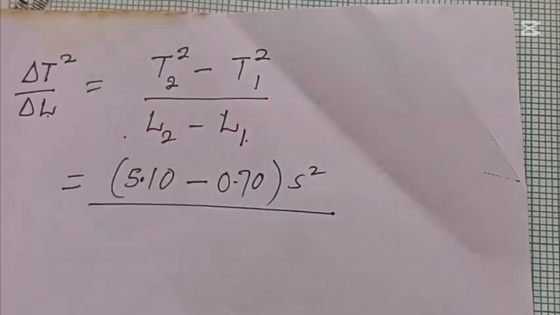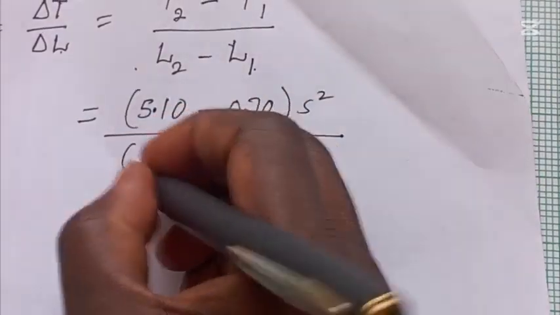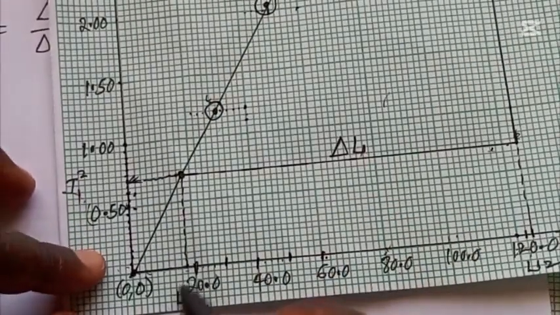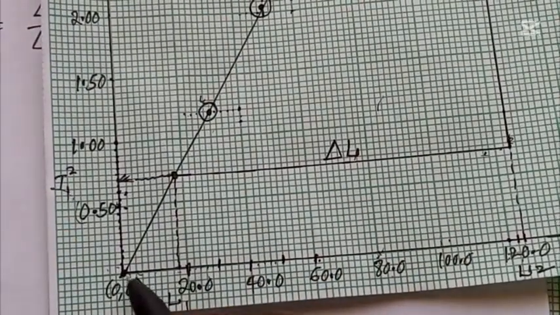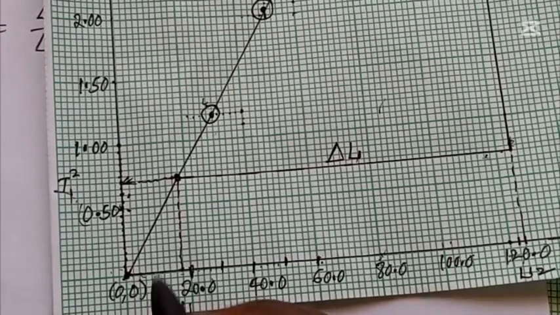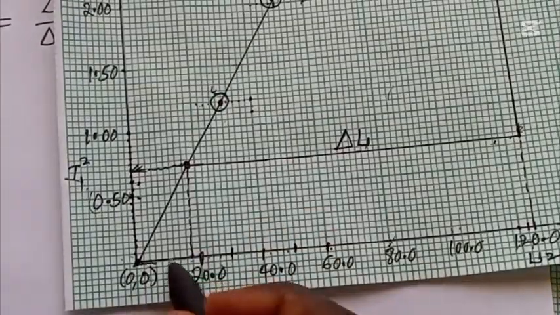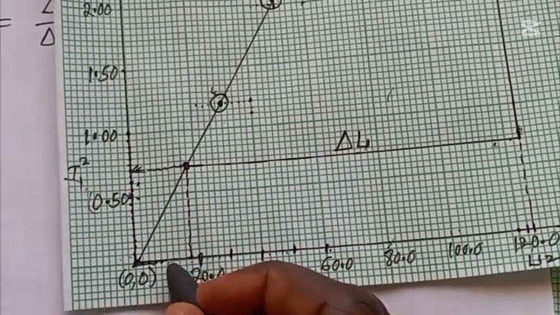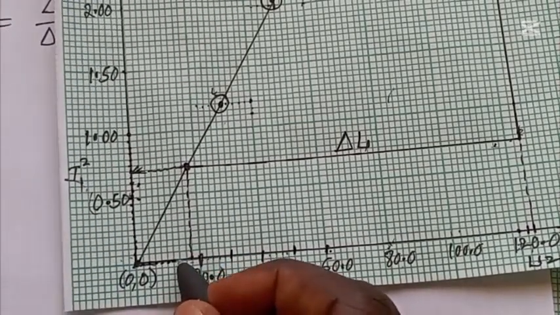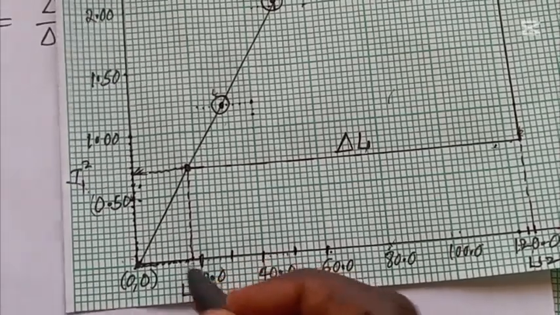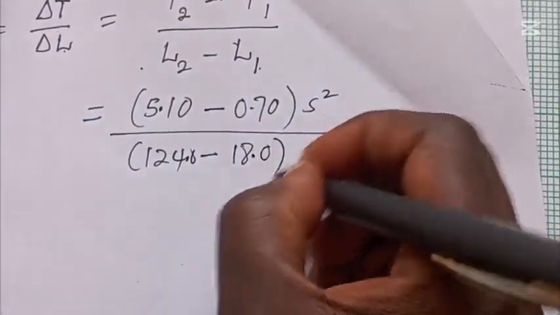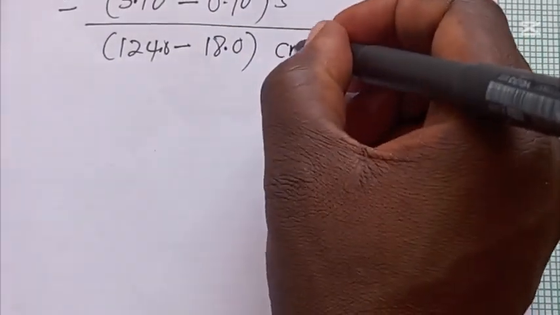So our L2 is 124 minus L1. Every small division here is 2, so this should be 2, 4, 6, 8, 10, 12, 14, 16, 18. So I have 18. The unit here is centimeter.